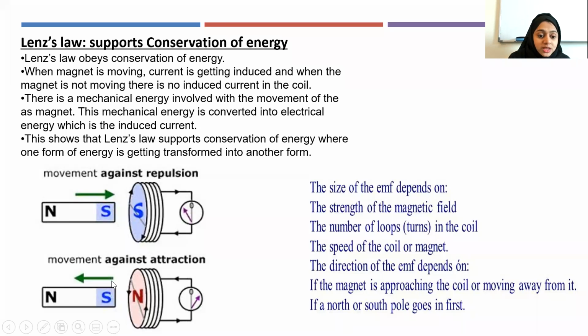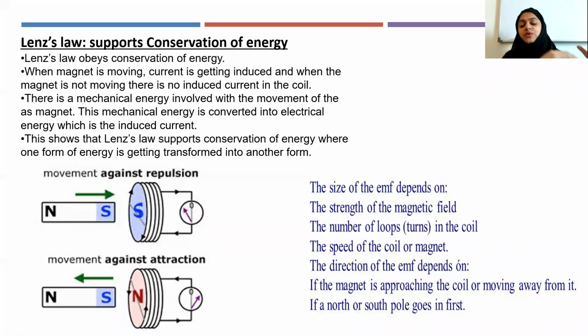Now, if you are moving the bar magnet away, the coil doesn't want the flux to change. So it will develop induced current in such a way that it will attract the bar magnet towards it. You don't want the bar magnet to go away. So it will develop a north pole near that, which means the current will flow in the anti-clockwise direction. Is that clear to you? The concept of Lenz's law? Yes, teacher. Clear.